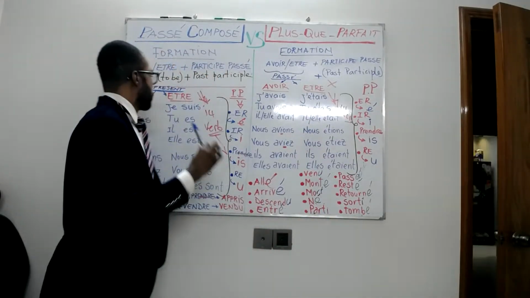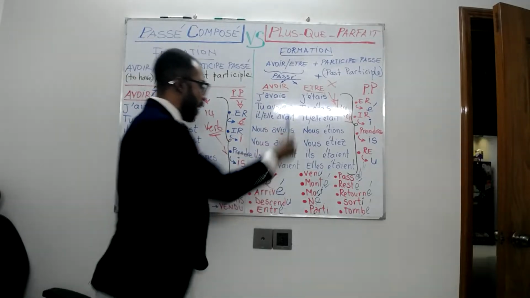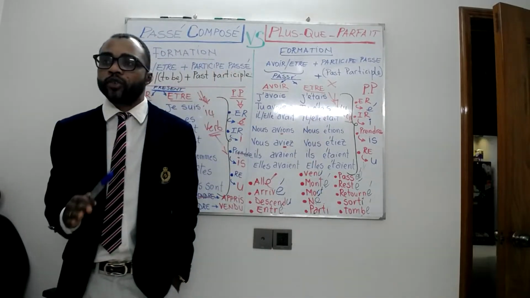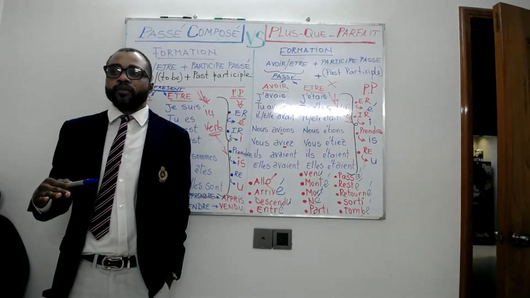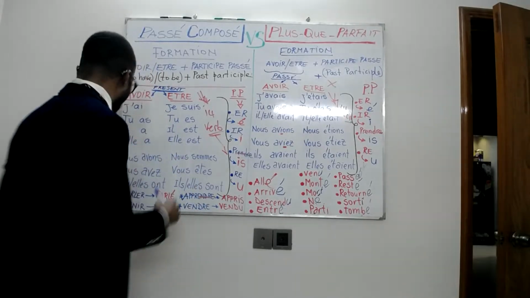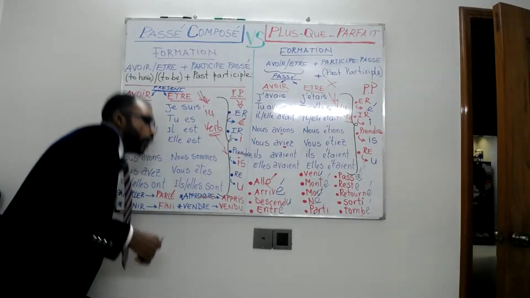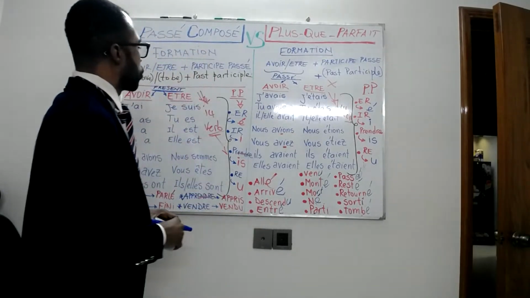All right? So we don't say j'ai allé or j'avais allé, j'avais vendu. Completely wrong. So these 14 verbs you need to master and avoid making that mistake. All right, so I'm going to give you also some extra verbs that you might try to work on.